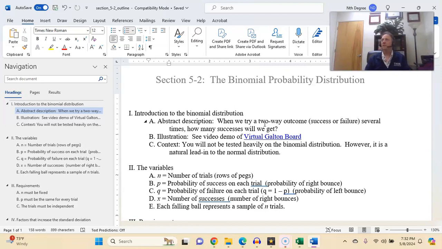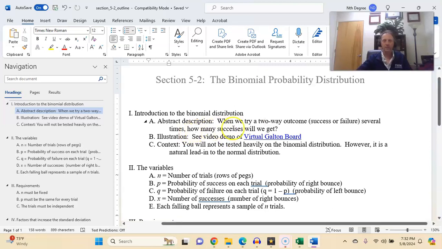So I might be interested in asking a question like, if 80% of the McDonald's have a soft serve machine that is broken down, then if I try the 10 McDonald's in my county, how many of them will have an ice cream machine that works today? That's the classic formulation of a binomial problem. We want to find out how many successes we're going to get.